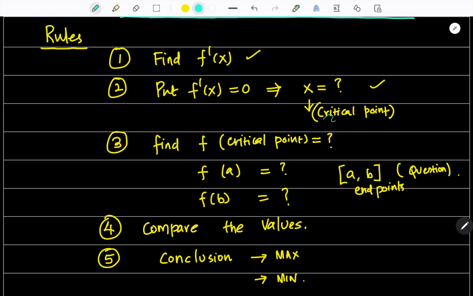Next, find f of the critical points, f of A, and f of B. A and B are the endpoints given in the question. Now compare the values: which is a big value and which is a small value. Then come to the conclusion: which one is the maximum value and which one is the minimum value.